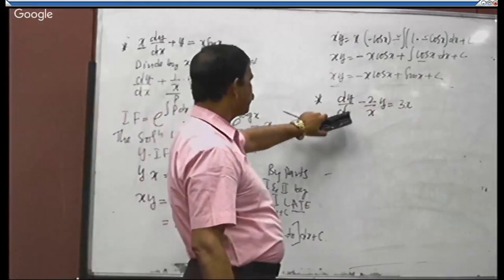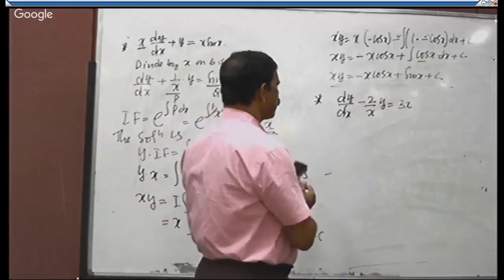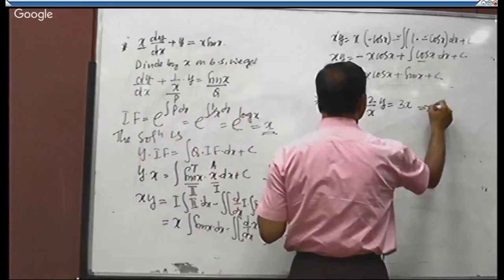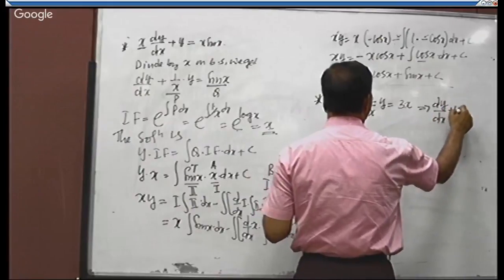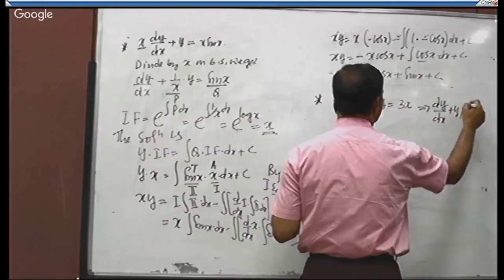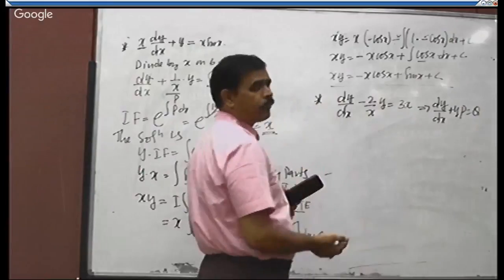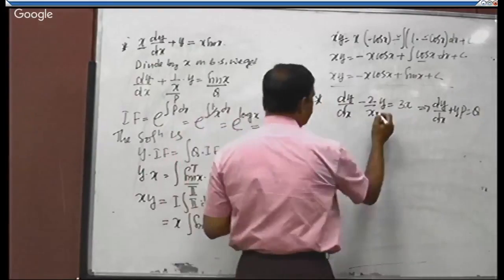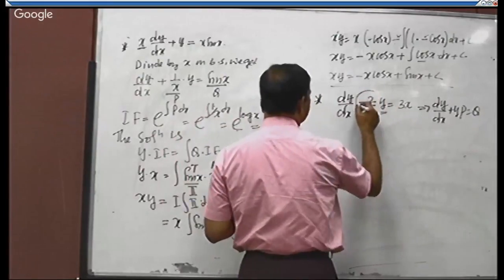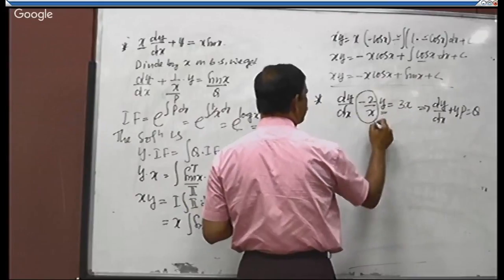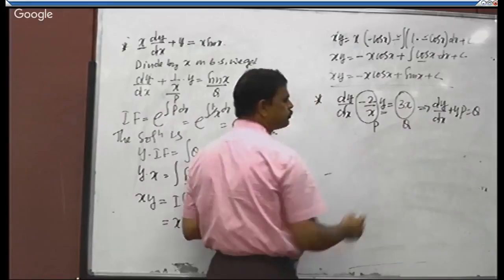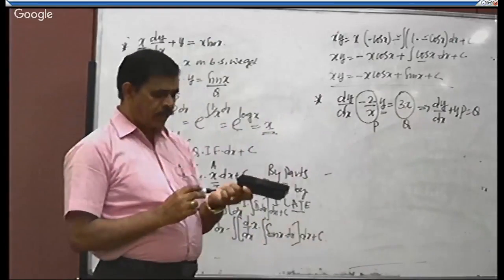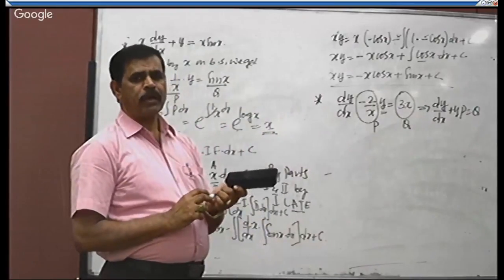What is the standard form of a linear differential equation? dy by dx plus p into y is equal to q. Except y, you take the whole thing as p, and all the right hand side should be taken as q. We just identified p and q.